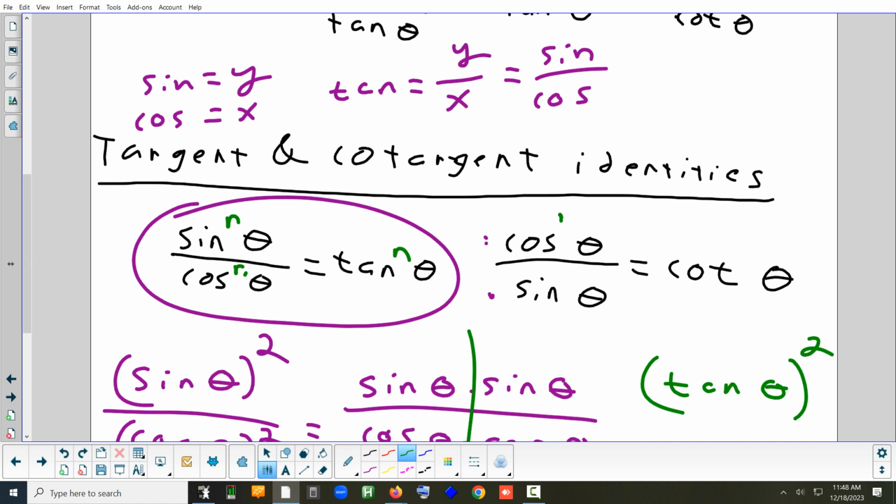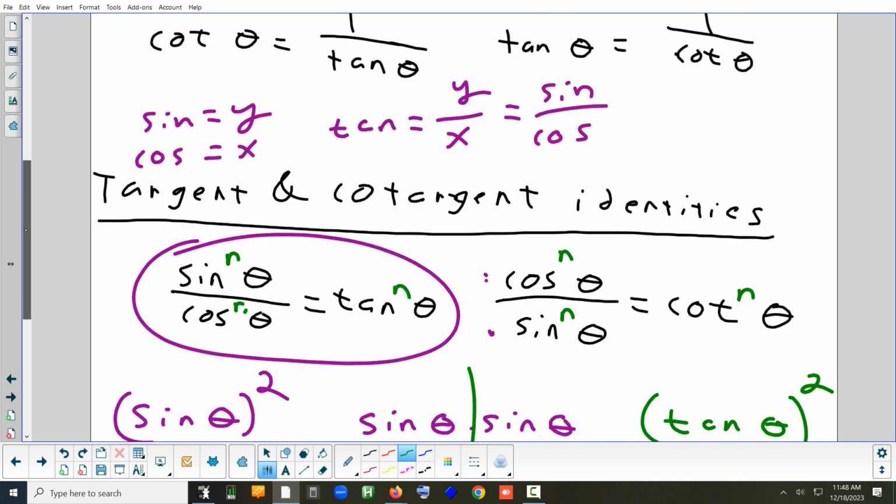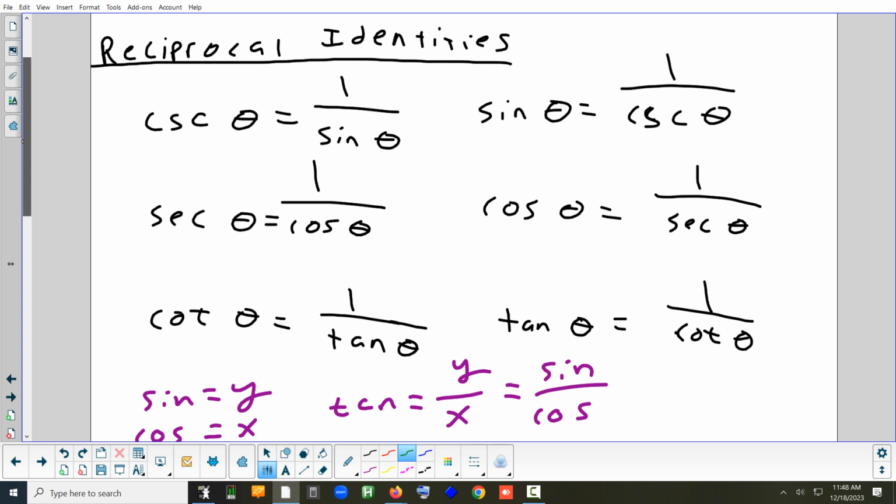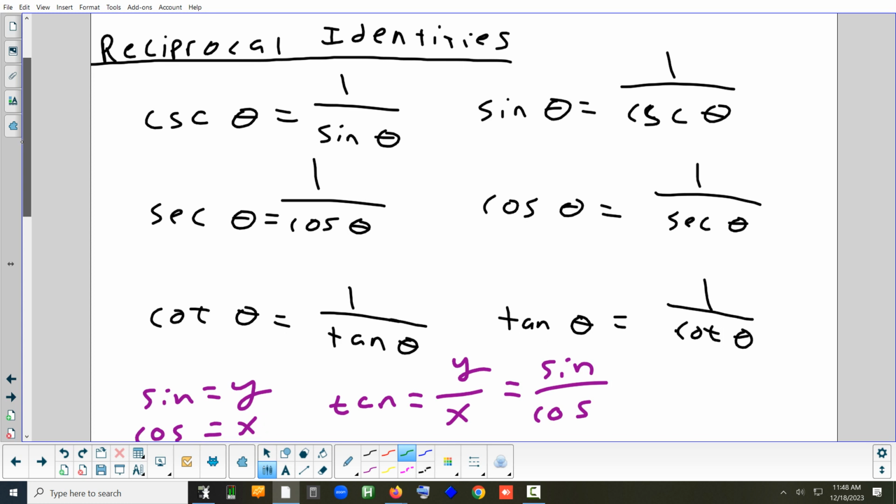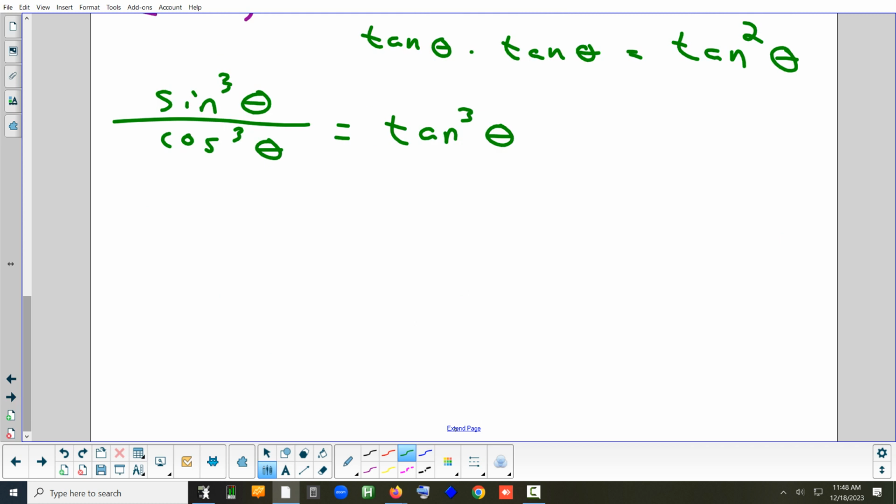Same thing here. And same thing with all these ones up at the top too. If you flip the cosecant, you get 1 over sine. What do you think you would get if instead of just flipping the cosecant, you flip the cosecant squared?